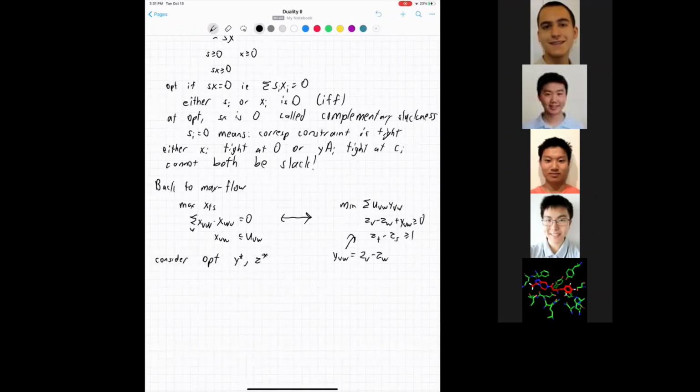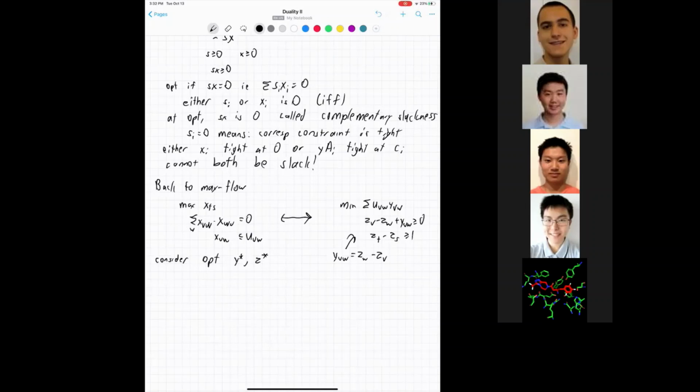Because we have a lower bound on Y_VW, and we want Y_VW to be as small as possible so that the objective function will be as small as possible, right? But we can't make Y_VW smaller than that without violating the constraint, okay?